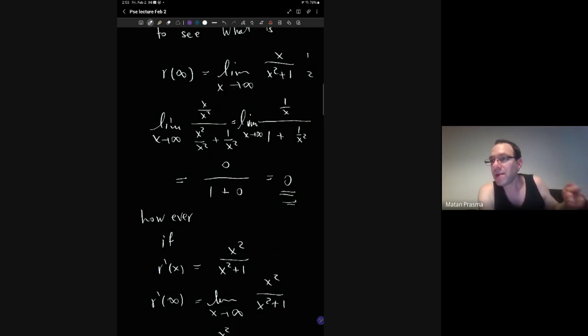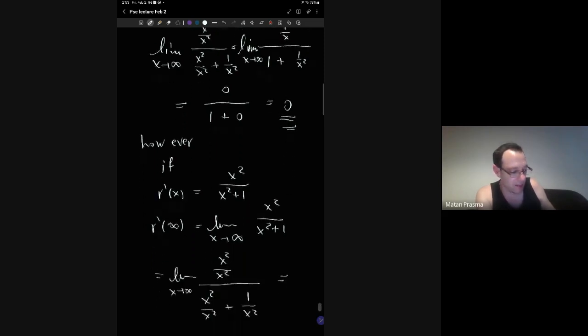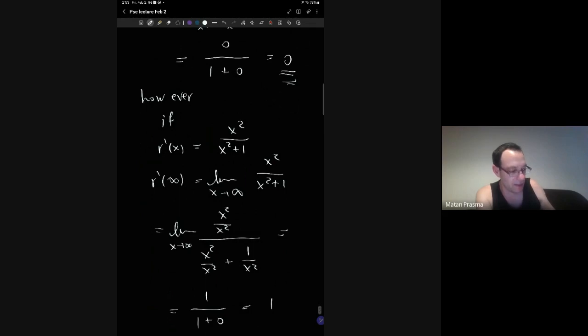It's a stronger, faster tendency to infinity of the numerator compared to the denominator. So I get infinity. And if the degrees of the numerator and the denominator are equal, then I should expect that when I tend to infinity, I get some finite number.